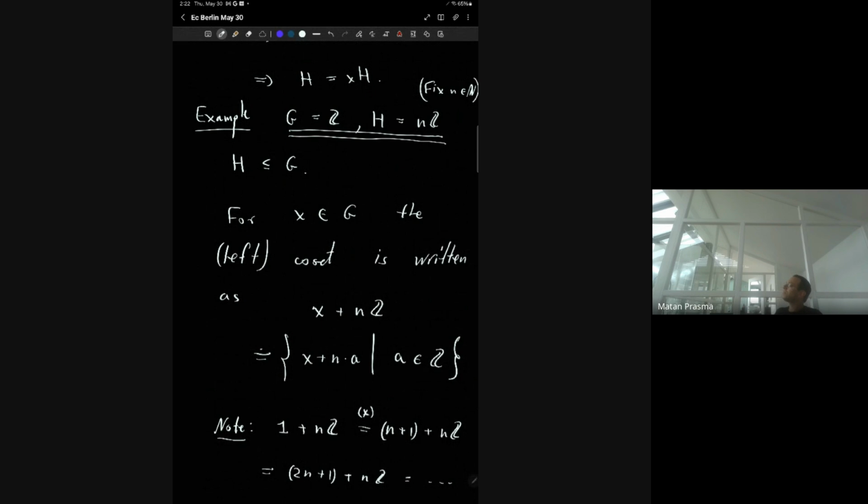How many distinct cosets should we expect to have? I mean, how many different sets will we obtain when we do x plus nZ, where x runs over all Z? It should be n, right?